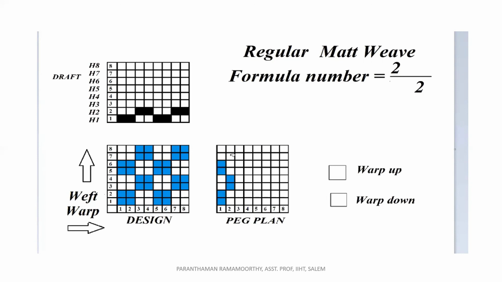The second heald frame is lifted in the third and fourth and seventh and eighth picks. This is the complete design, draft and lifting plan of regular mat weave. The blue color solid mark indicates warp up and the blank mark indicates the warp down or weft up.